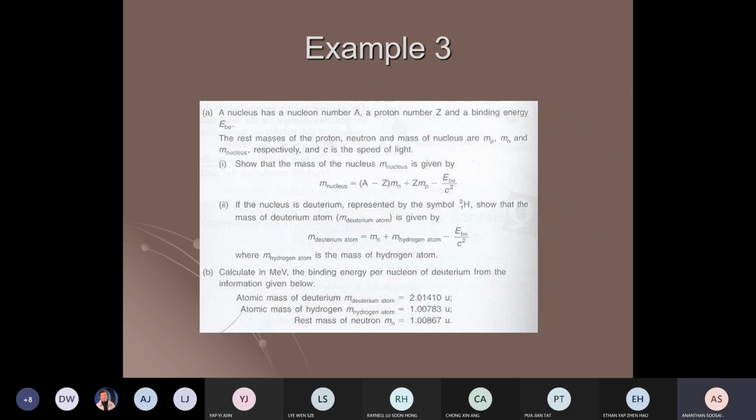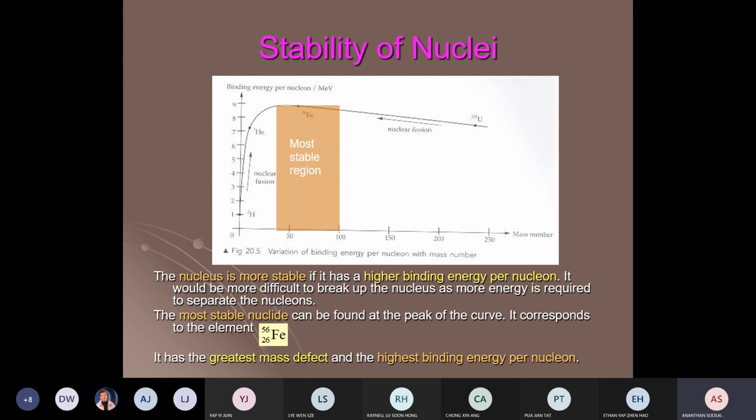Before we go to these questions, this is a very important graph you need to know. Scientists found the binding energy per nucleon for all the elements in the periodic table.